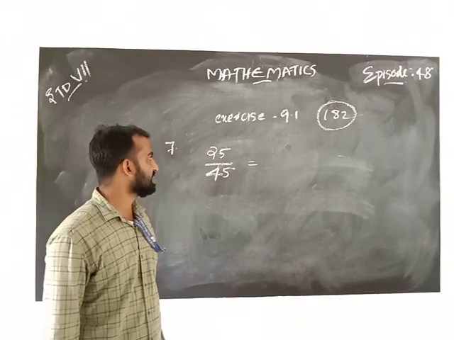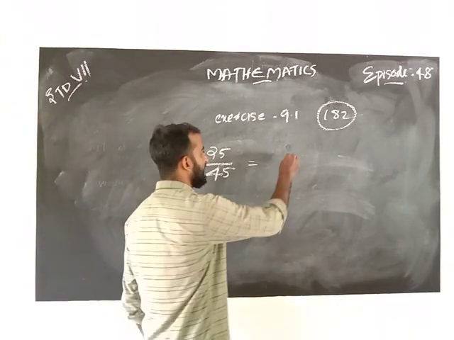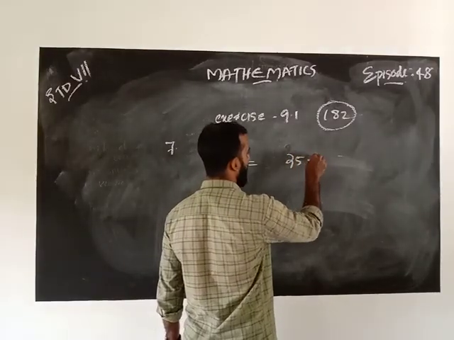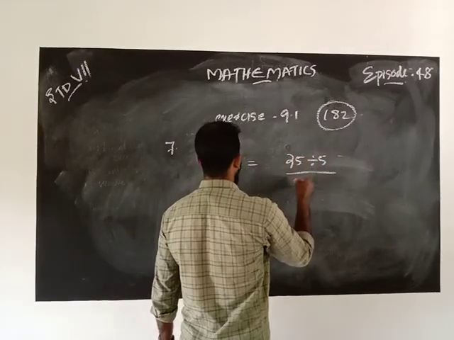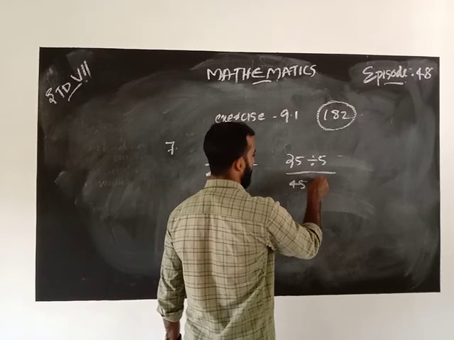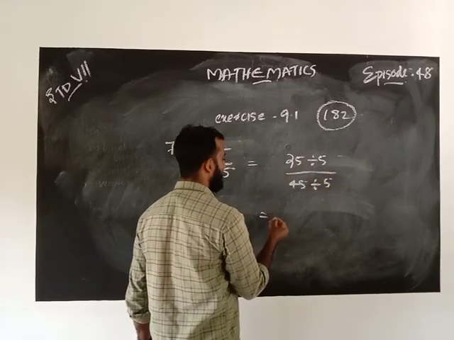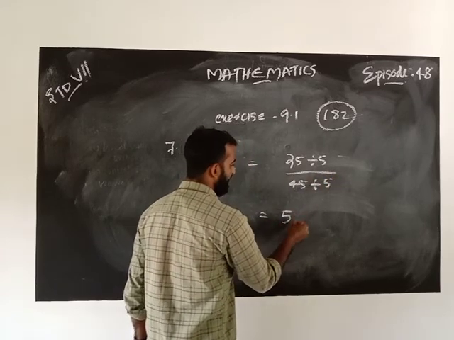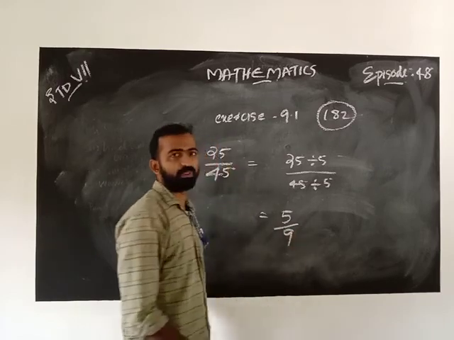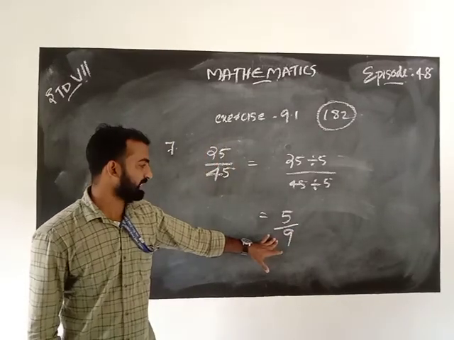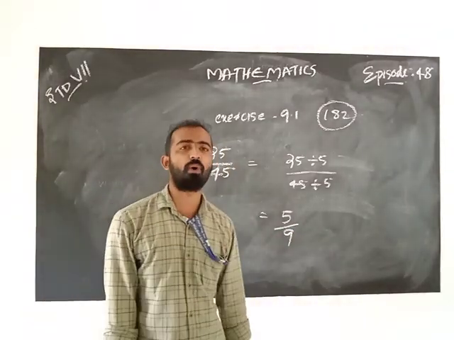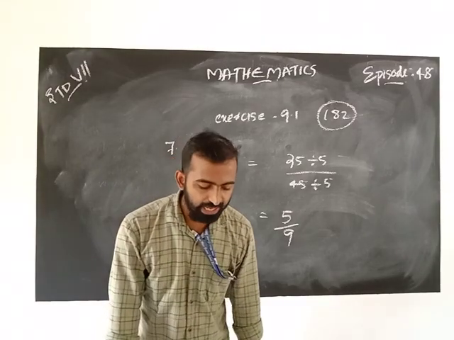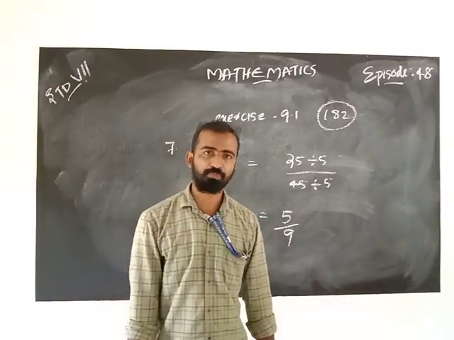HCF is 5. So we can write it as 25 divided by 5 and 45 divided by 5. We get 5 by 9. This is the simplest form.